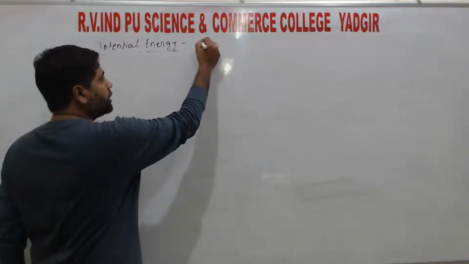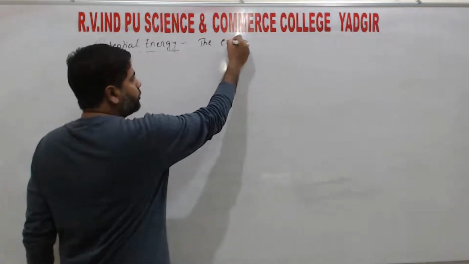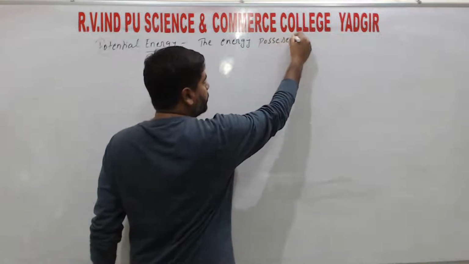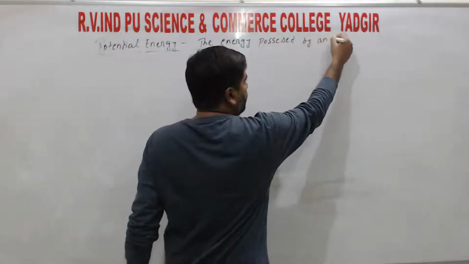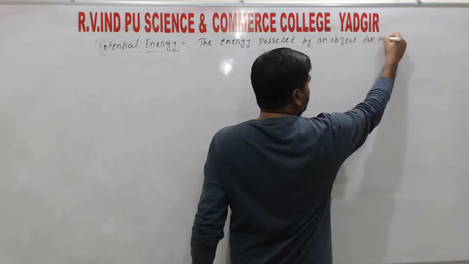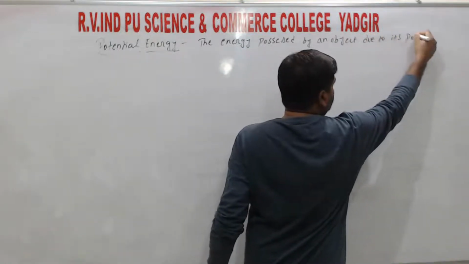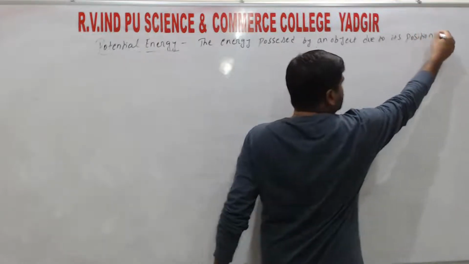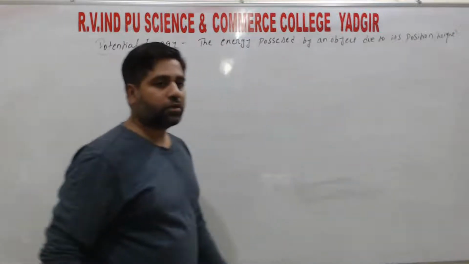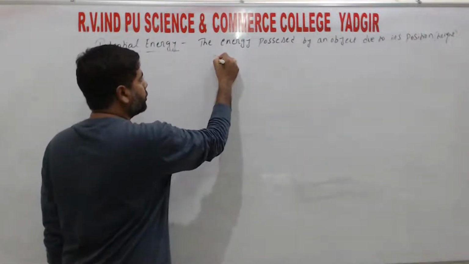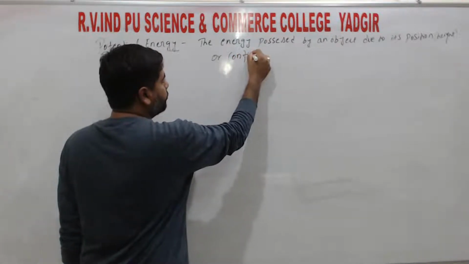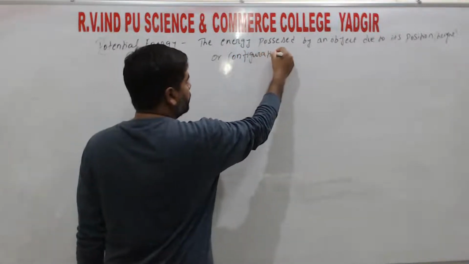Potential energy is the energy possessed by an object due to its position, meaning height, or its configuration.